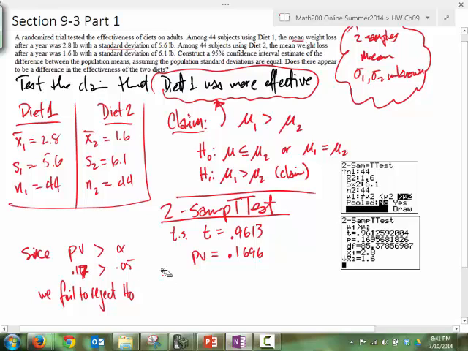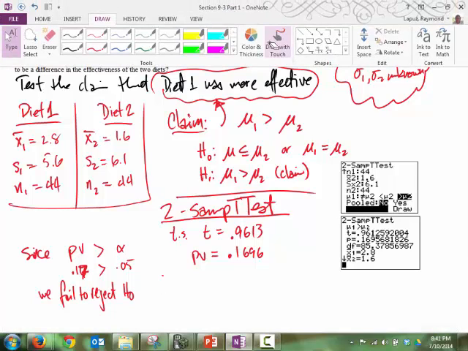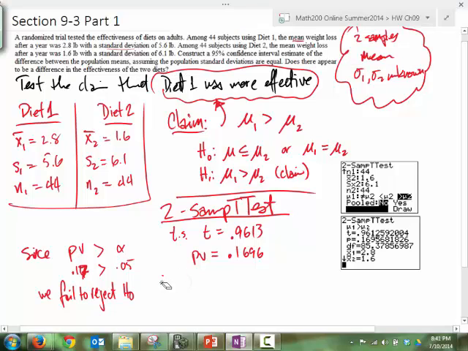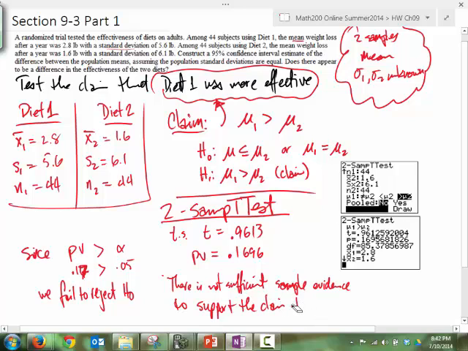And so then that would give us a conclusion of saying, what's our conclusion? There's not sufficient sample evidence to support the claim that diet 1 was more effective.